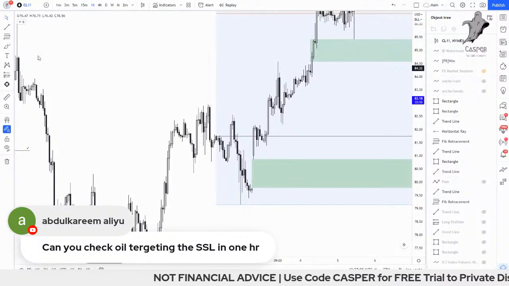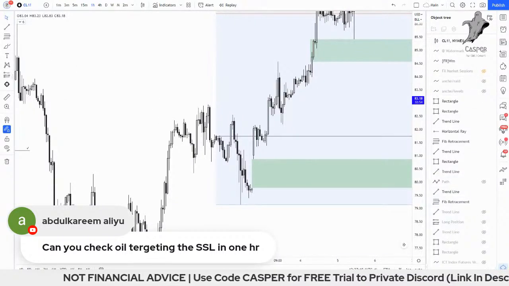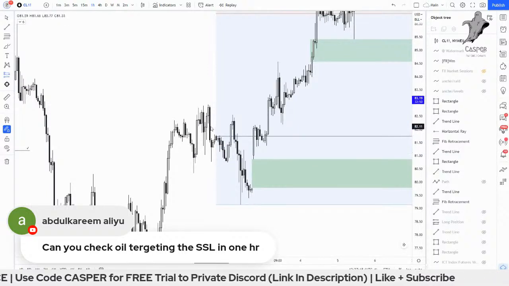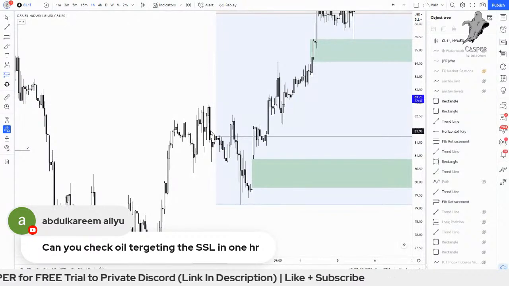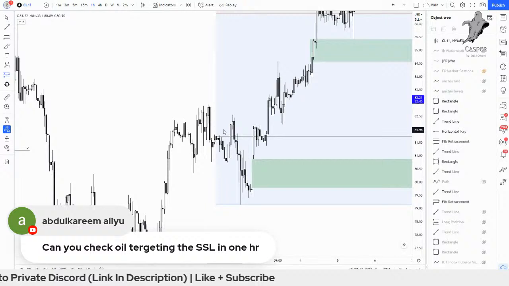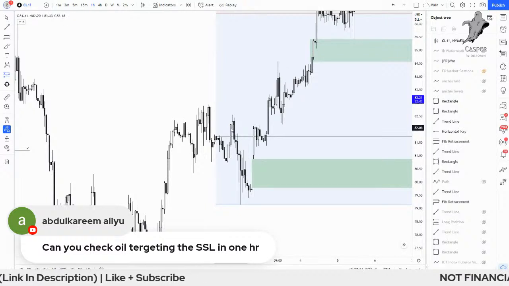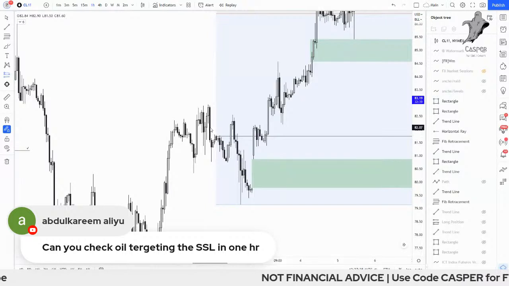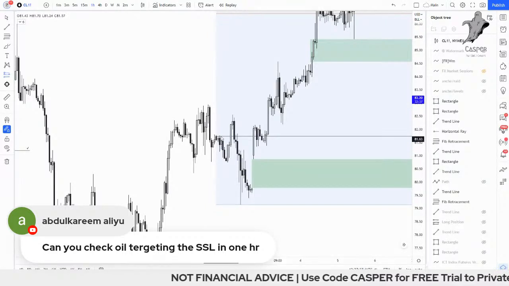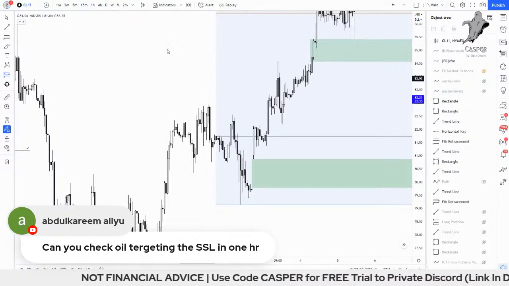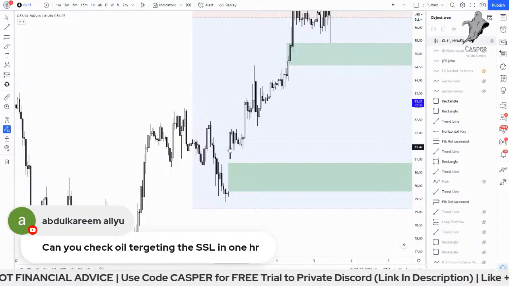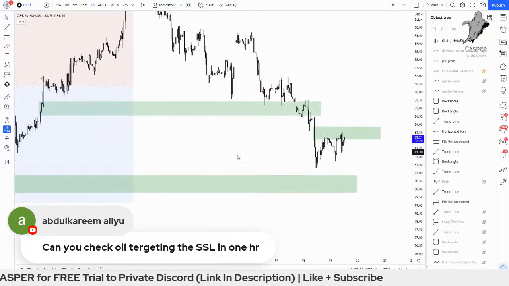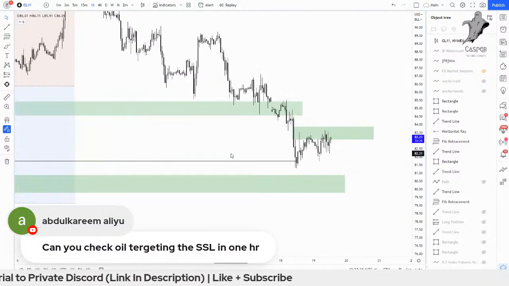I deleted it, but we had that called out in the server. I want to say it was based off this imbalance here. We shorted it somewhere in here, on Thursday. But anyways, we cut it because when you're in an oil trade, it can go. There was an OPEC meeting that week. It's so volatile and so news dependent that you want to make sure you have a very clear setup.